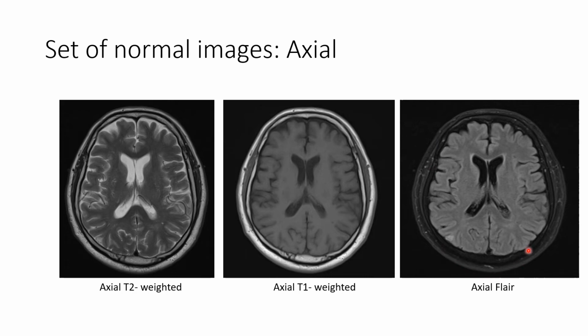Fat becomes brighter than bone. If there is any moving blood, it will become dark. This is how the axial T2, T1, and FLAIR appear.